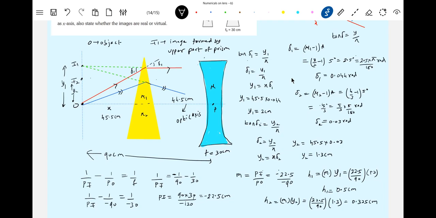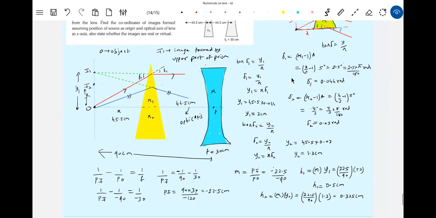Where will the final images be? At what distance? The image distance will be 22.5, somewhere here, and they will be positive. So coordinates again you have to write down.